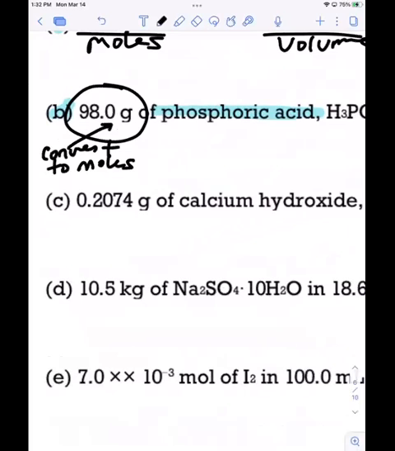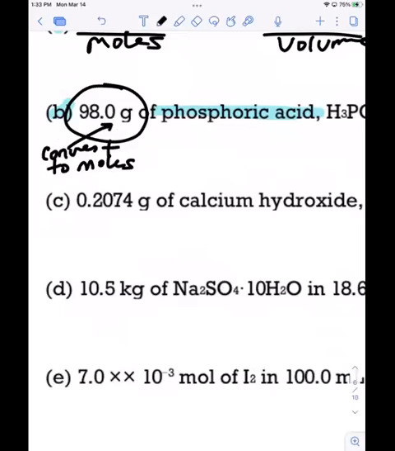How do I get moles from grams? Now this is a ubiquitous calculation. You cannot forget this calculation. You might forget a lot of other stuff, but you cannot forget how to go from grams to moles ever. You're gonna need that calculation for the rest of your STEM career. If you plan on sticking around in STEM, you're gonna need to know how to do that without thinking about it.